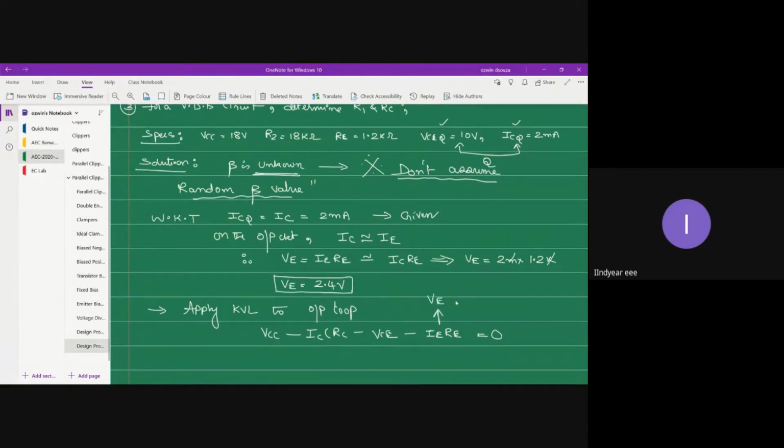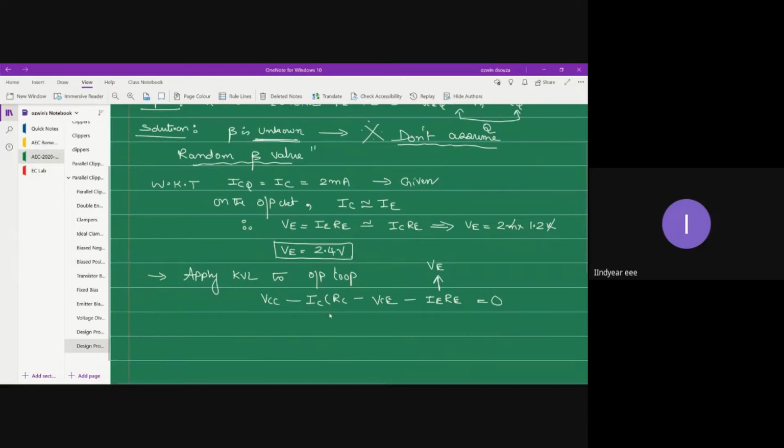Now this IE into RE is VE, right? We have already found the value of VE. So that will help us in finding this unknown resistance value RC.